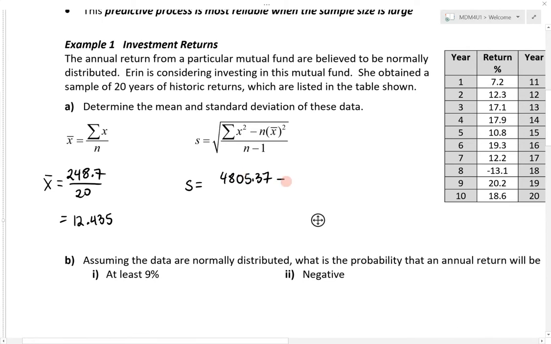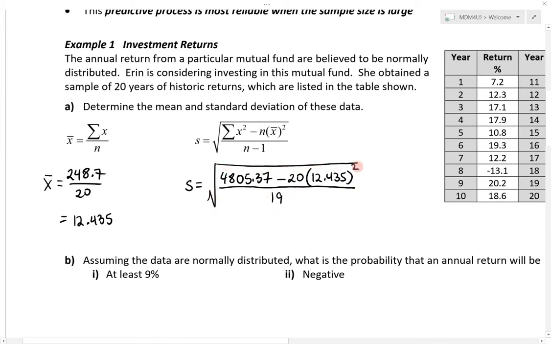And I subtract n, which is 20 years of returns here, times the mean value squared, 12.435 squared. Everything is divided by n minus 1, which would be 19. And you take the square root of everything. The final result for the standard deviation is 9.49.